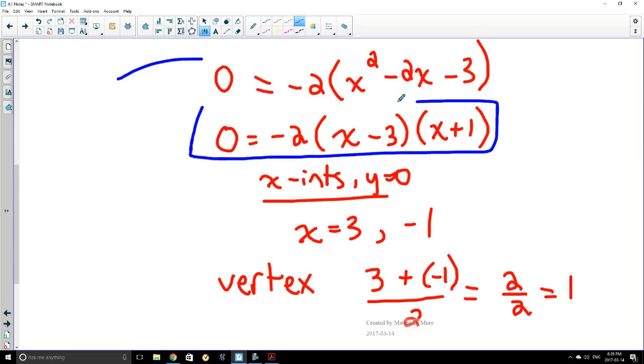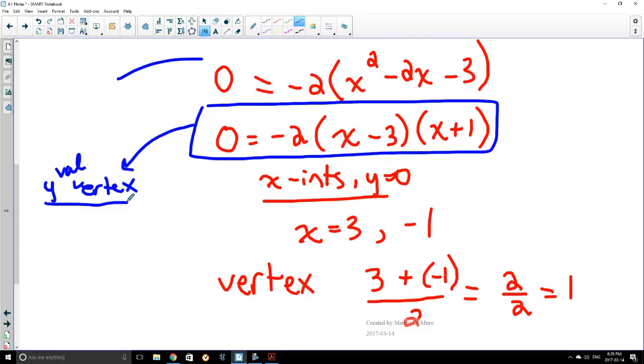So if you want to find your vertex, we know x equals 1. We'll just put y value of the vertex. So if you plug in 1, just going to do some quick math here. I'm going to get 1 subtract 3, so I get negative 2. 1 plus 1 is 2, so I'm going to get 2 times 2 times 2, which is 8, and it's positive 8 because of the two negatives.